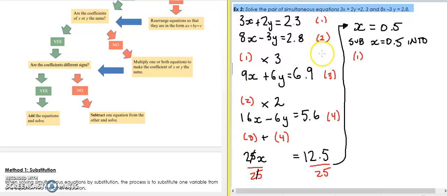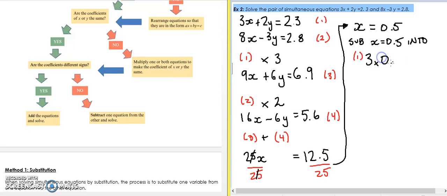When choosing which equation you want to substitute into, just look for the one that looks the easiest to substitute. In this case, it's not obvious, but because these coefficients are of a low value, as opposed to 3, 2, 3, and 4, this one looks the easiest. Okay, so everywhere I see an x, I'm going to substitute it with 0.5.